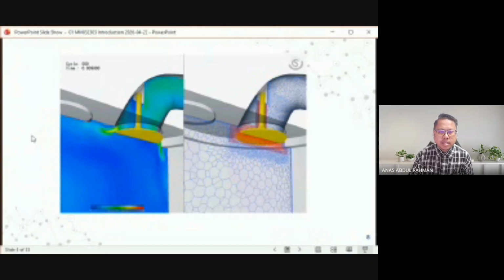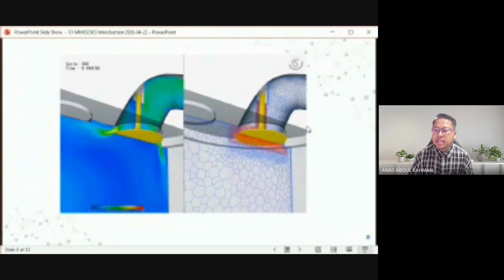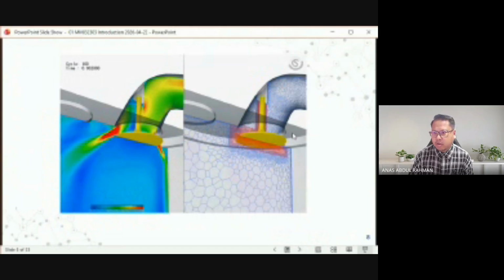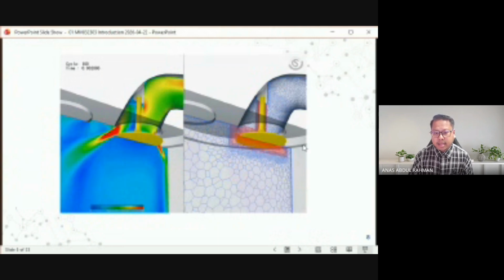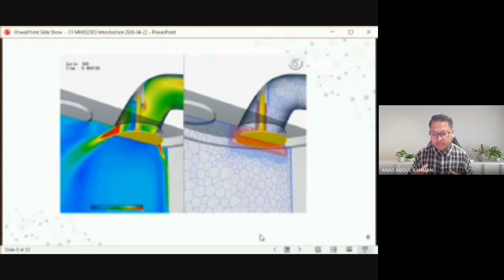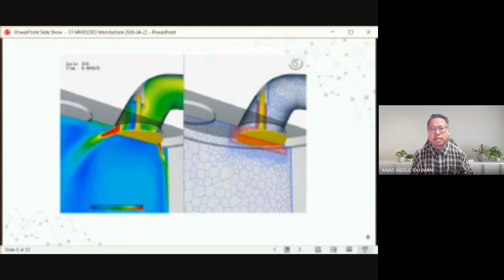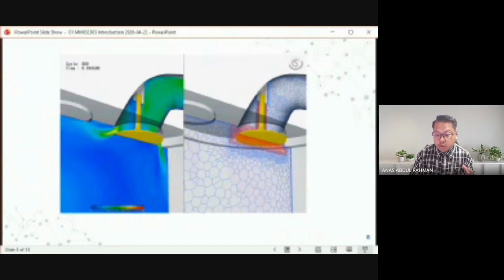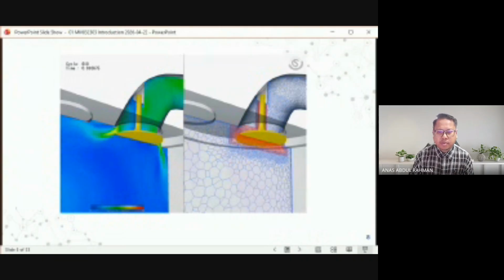So this is an example of an engine valve, an intake or exhaust valve in your engine, where we can study the behavior of the fluid, the phenomena of the situation that is happening at that moment, and how we use the information to improve the engine efficiency, for example.